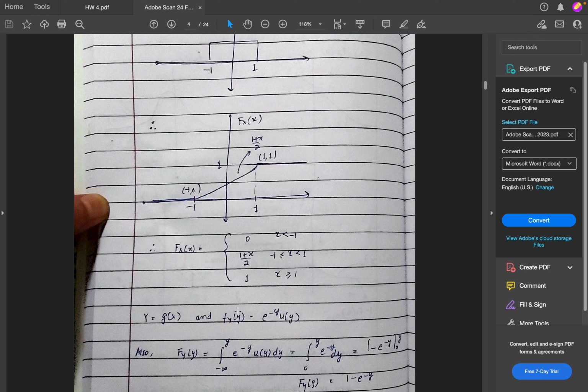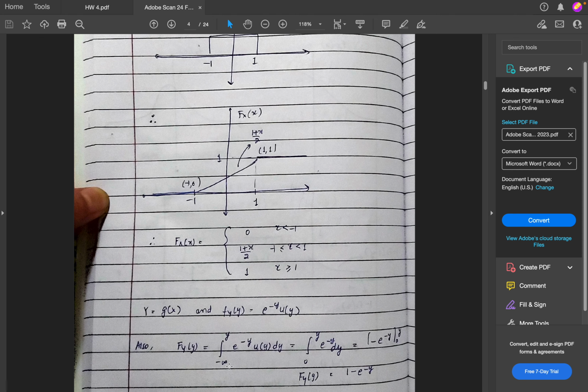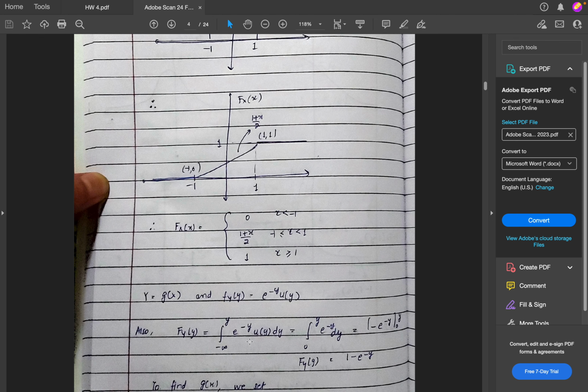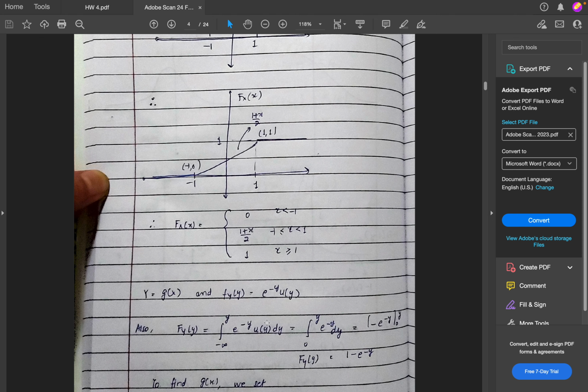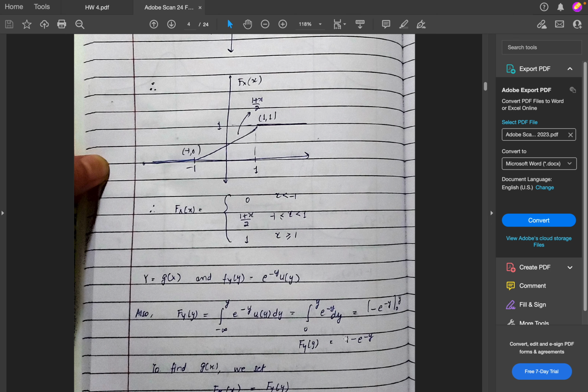To find the CDF, we will take the integral over the PDF from minus infinity to y, and since it's a unit step function, we can ignore the values from minus infinity to 0, and take the integral from 0 to y, because for the other values this term will be 0. On taking integration, we'll get the final value as 1 minus e raised to power minus y.